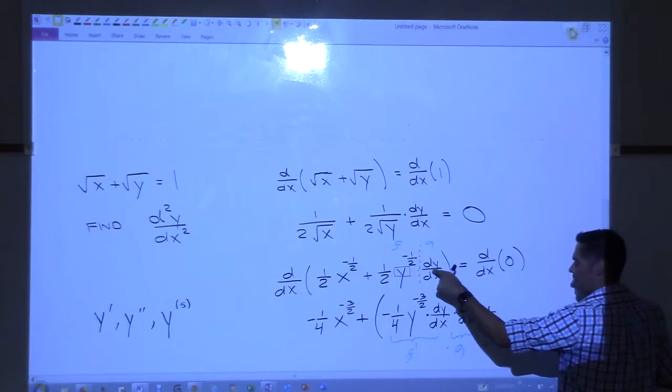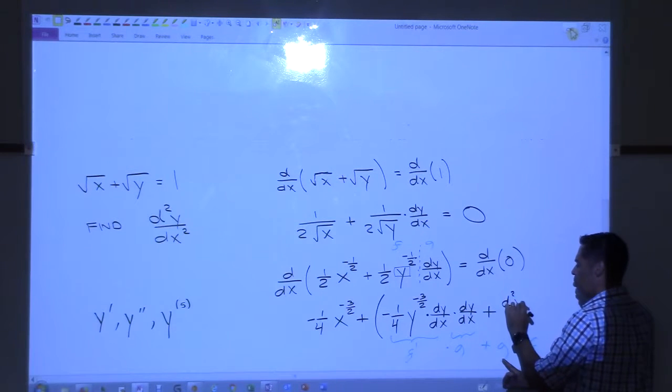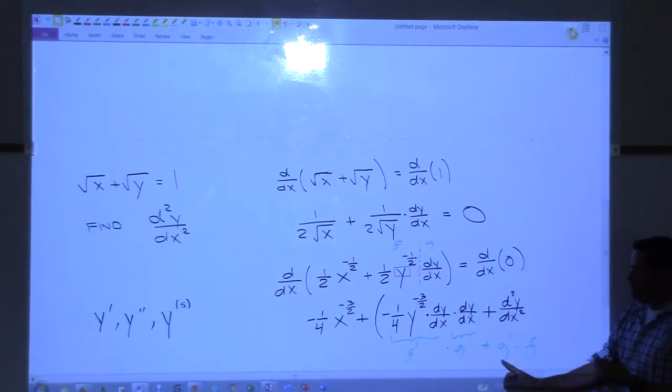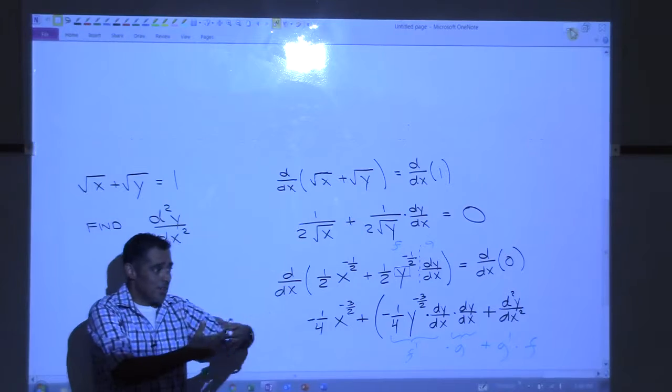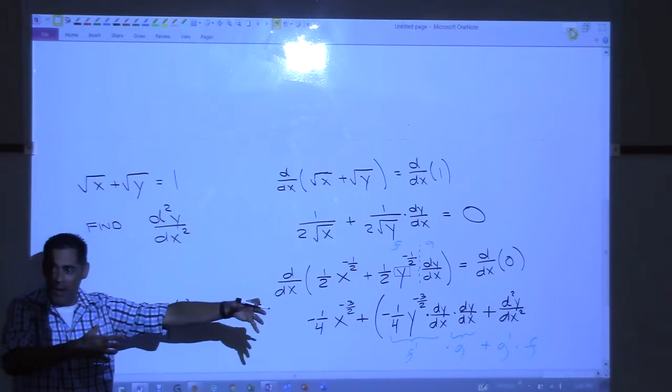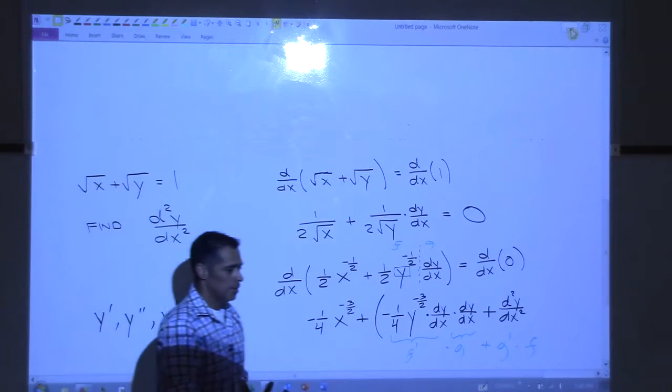So this right here into the product rule becomes d2y over dx squared, like that. And look, weren't we trying to find that? So it's got to come out somewhere in the problem. It's got to show up, right? And now it just showed up. Okay, understand?